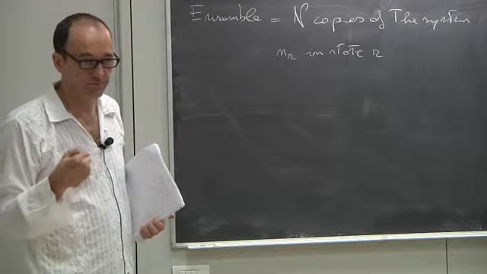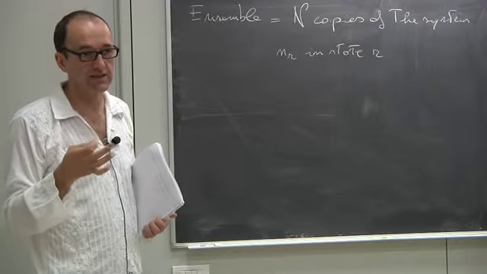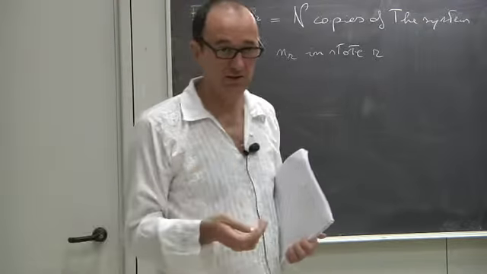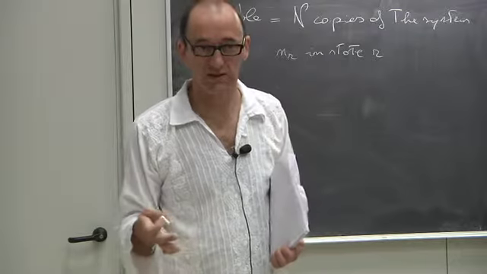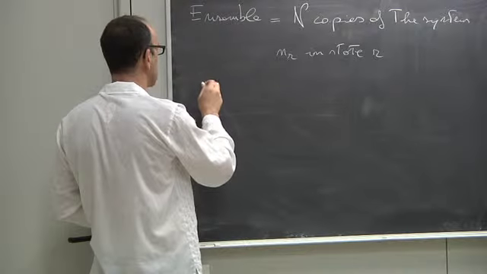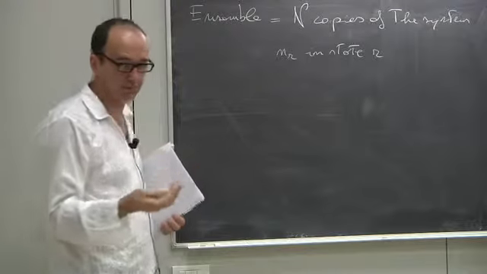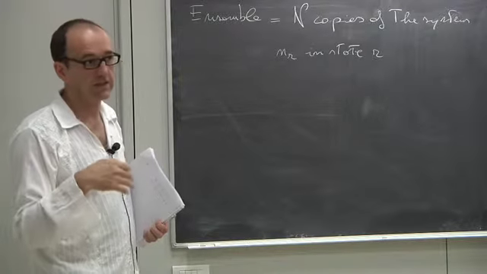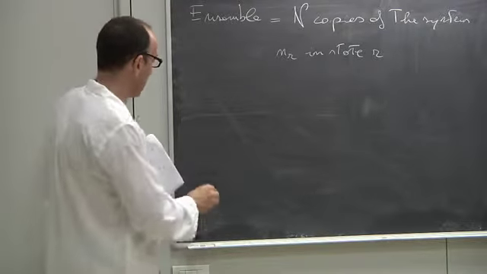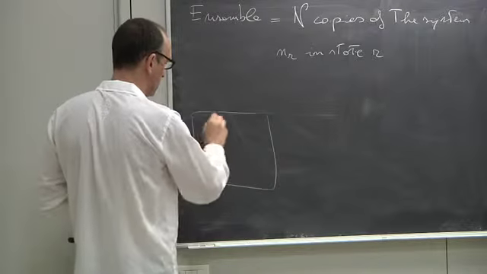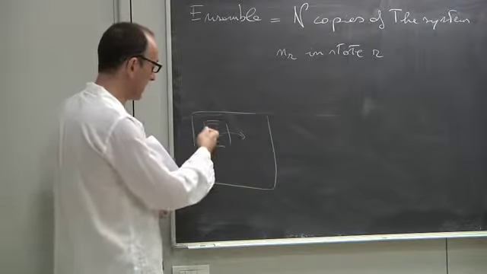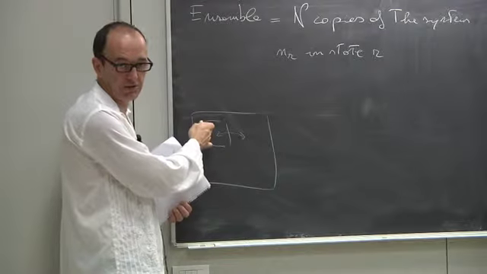Now I want to define this ensemble, the grand canonical ensemble, for the case where my system does not have an energy which is fixed and does not have a number of particles which is fixed. Rather, the average number of particles will be fixed. Physically, if your system is in thermal equilibrium with another system and exchanging particles, still there will be a certain average number of particles in this system.